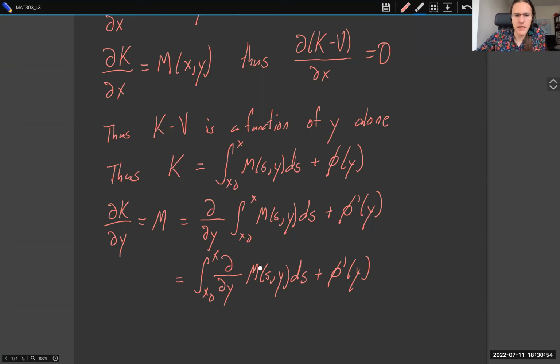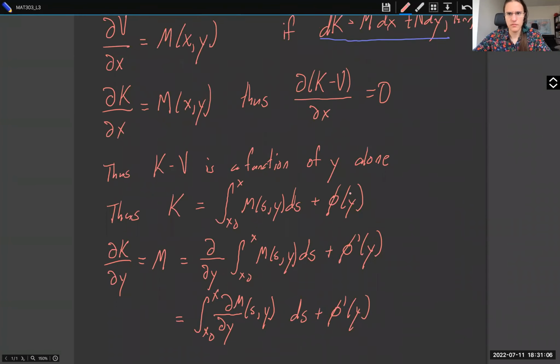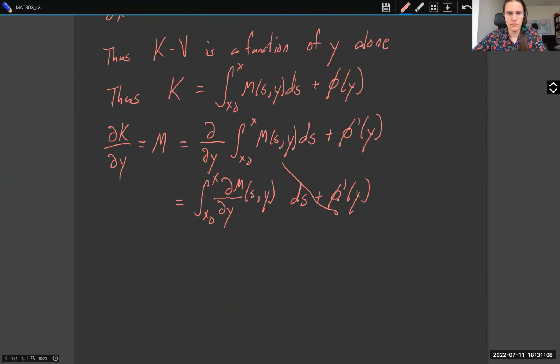So this is going to be, let me just actually rewrite this. There, that looks a bit nicer.